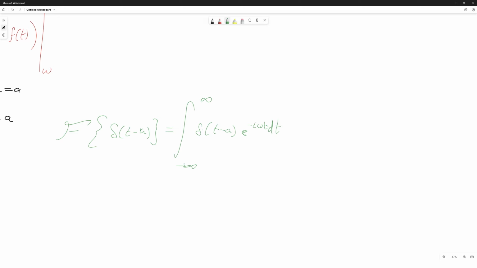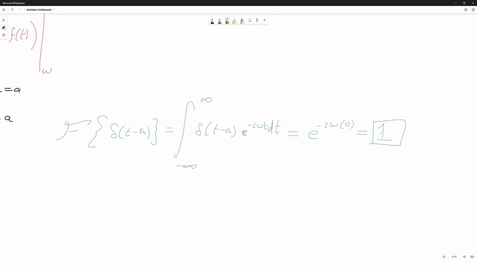So this integral will also be 0 for every value that is not a. And at a, remember, as long as it includes this, the integral will be 1, but this will be 0 at that point. So what essentially happens is we sample this, and we end up with e to the minus i omega 0, right?